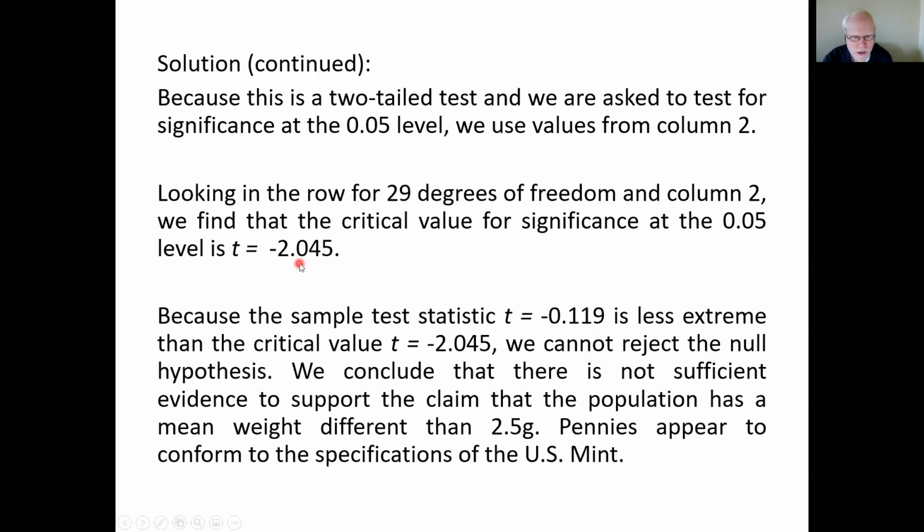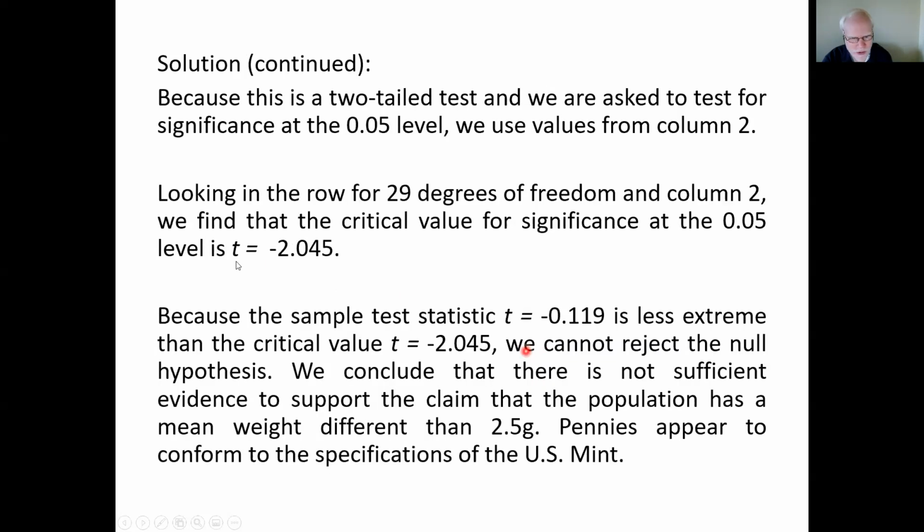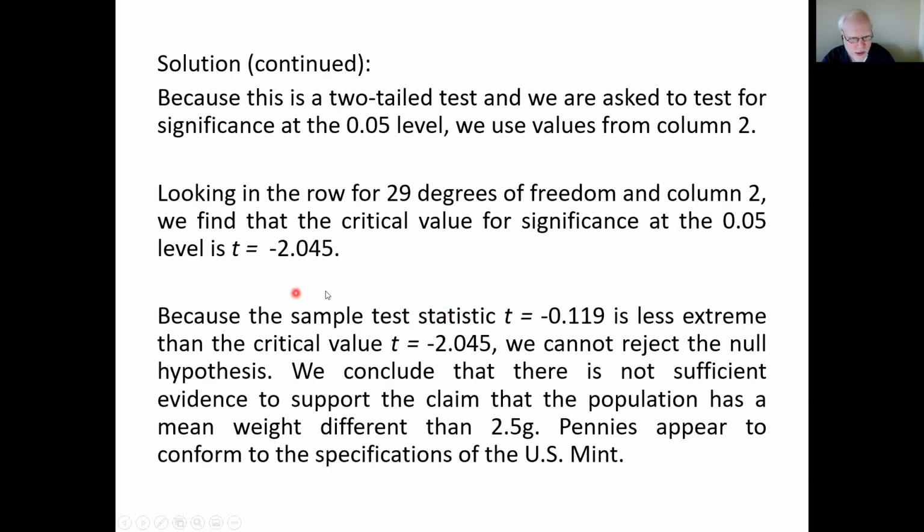I went with this particular route based on the instructions I gave. I probably should have just taken the absolute value of this and compared it to the 2.045. Either will work. It's the same idea. You just want to see whether this is more extreme, or the absolute value of this is more extreme than this. And you could do it either of those two ways.